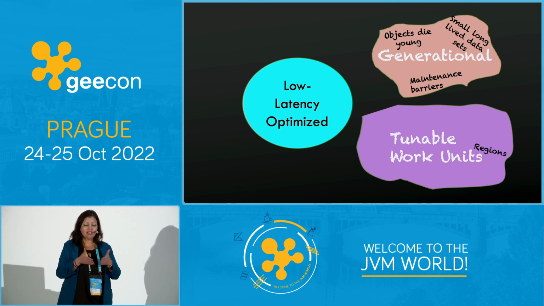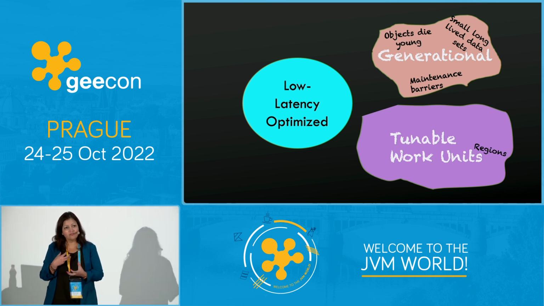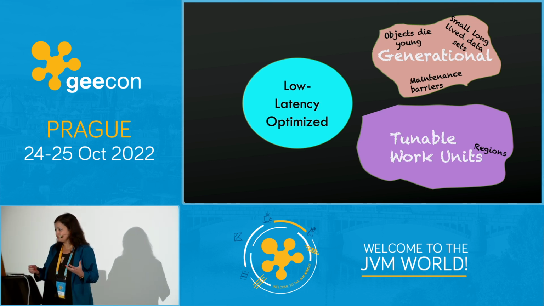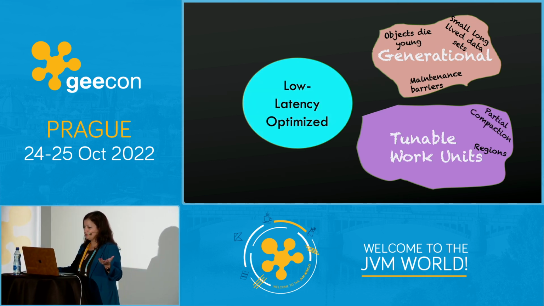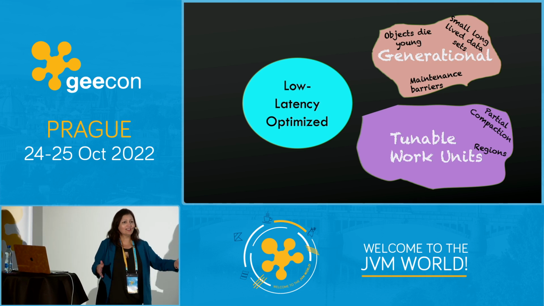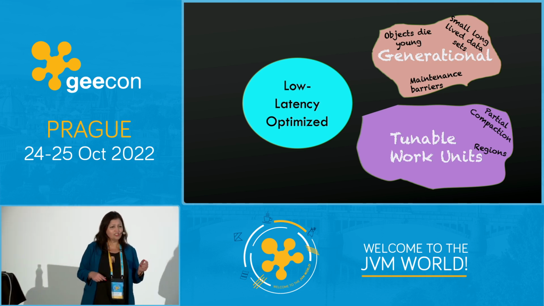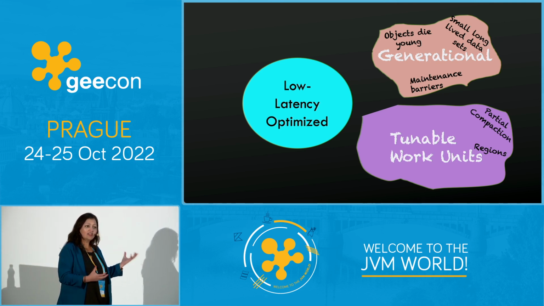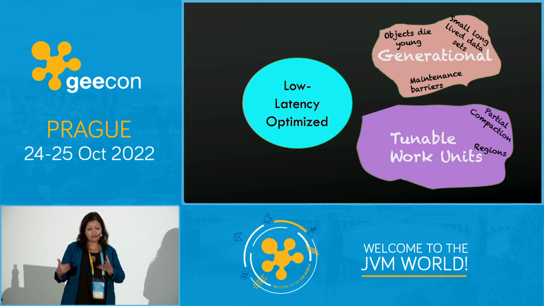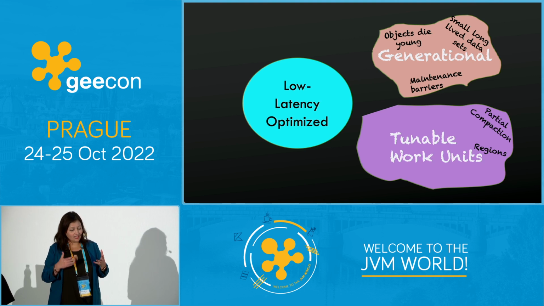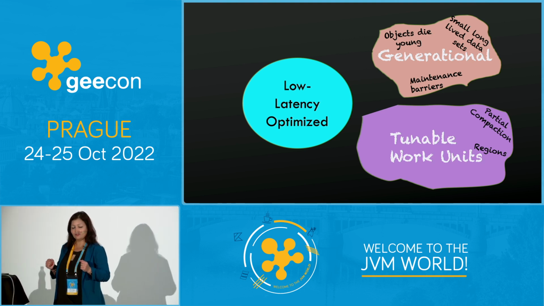So you have that granularity, and that's what gives you the tunable working units. What else? We don't have to collect everything. Like I said, a single region can be collected. Moving live objects is called compaction, and we can do it with just a single region in your compaction cycle, right?